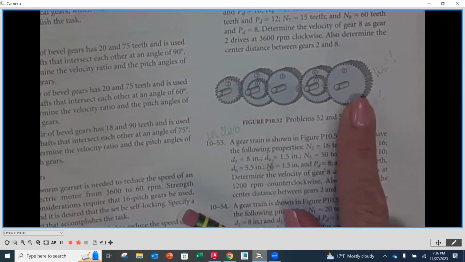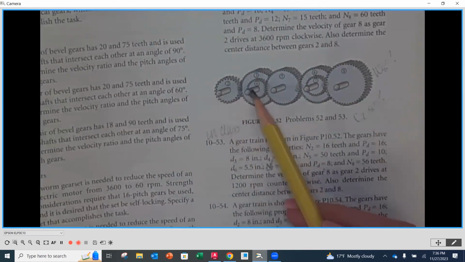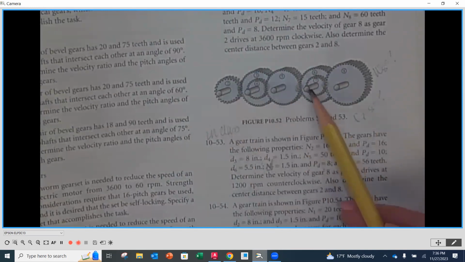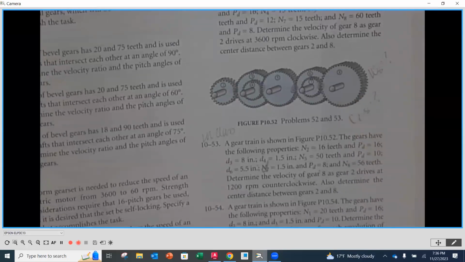So as we look here, 2 is on a shaft by itself, but 3 and 4 are on the same shaft. 5 is by itself. 6 and 7 are on the same, and then 8 is by itself. Can you right away identify which one is the idler gear here? Number 5. Yeah, number 5 is our idler gear.